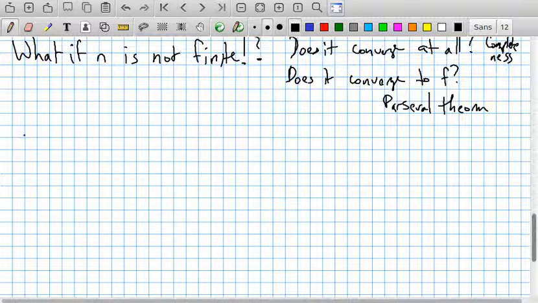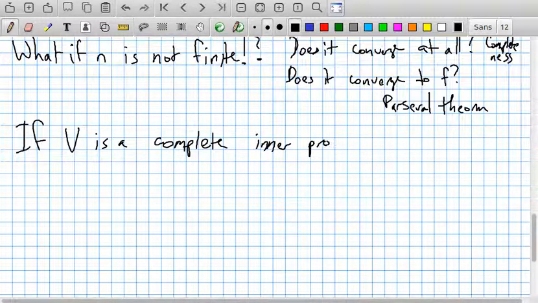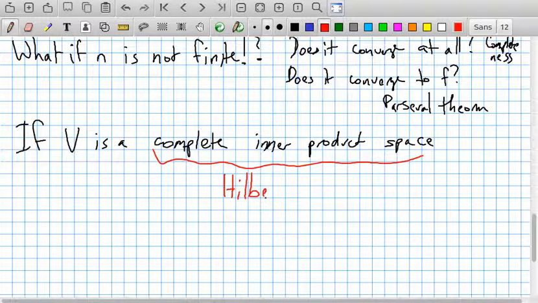So if V is a complete inner product space, and this has a special name, complete inner product spaces are Hilbert spaces. Physicists will like that, and I do too. Hilbert spaces are very handy. So if you're in a complete inner product space, then all you need to show is the sequence is Cauchy.